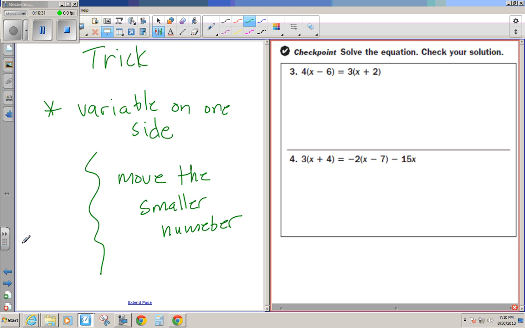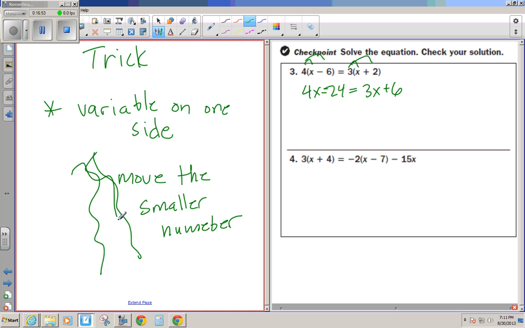All right, checkpoints. Here's a distributive property with variables on both sides. So distribute the 4. Distribute the 3. Get both variables on one side by moving the smaller number.